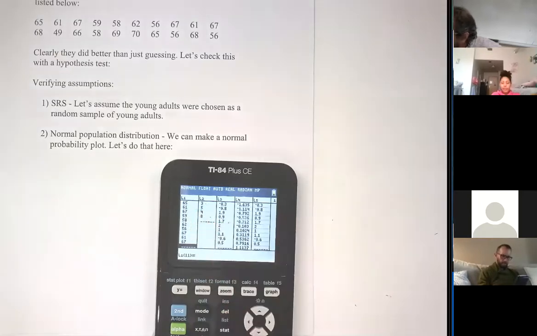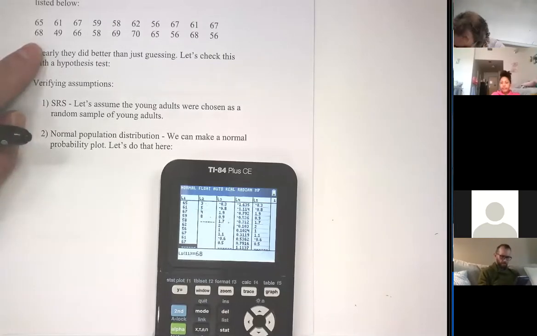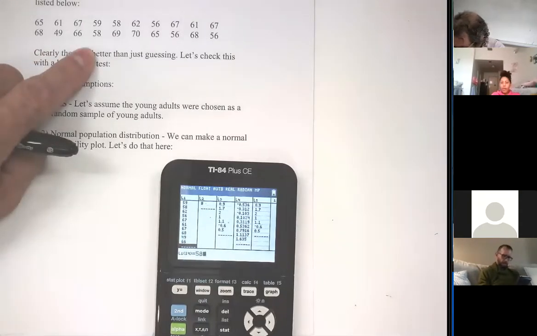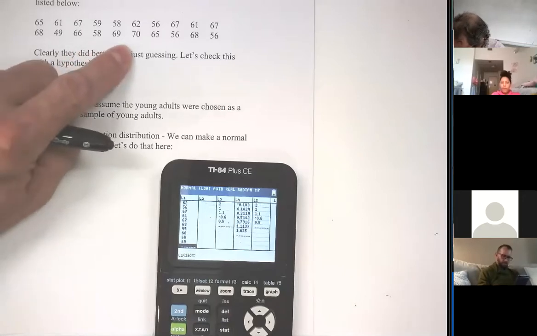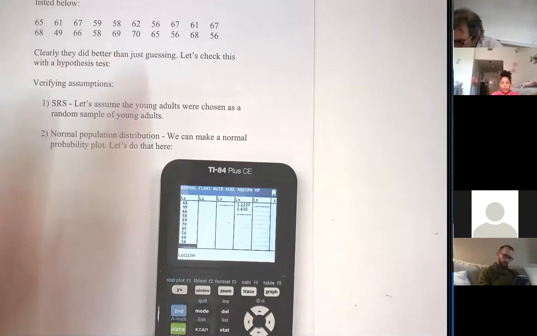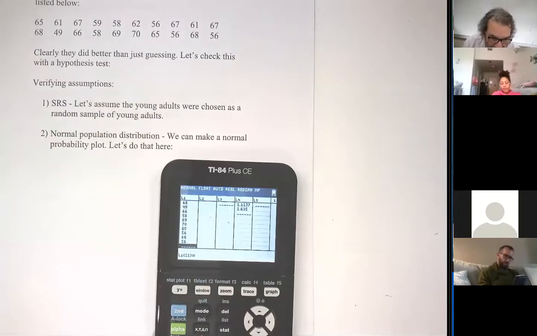That looks all right. Okay, and then on the next row, 68, 49, 66, 58, 69, 70, 65, 56, 68, 56. There's 20, so 20 is a pretty big number, but not quite the 30 or 40 that we'd like to see to be safe. So we're going to check normality right here.